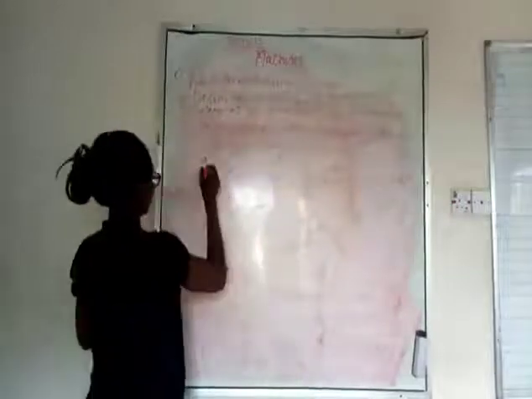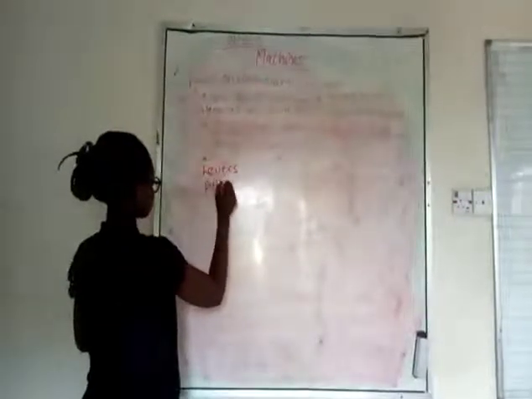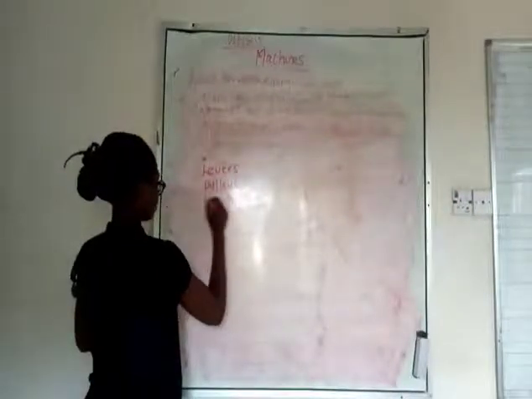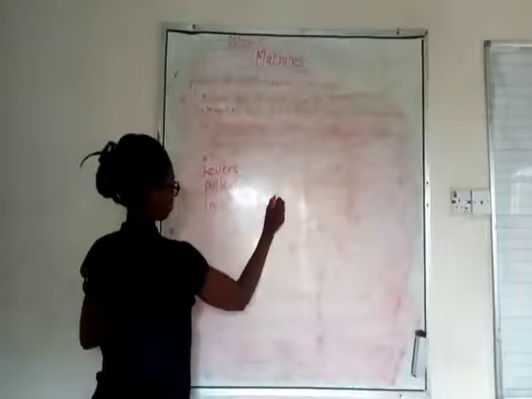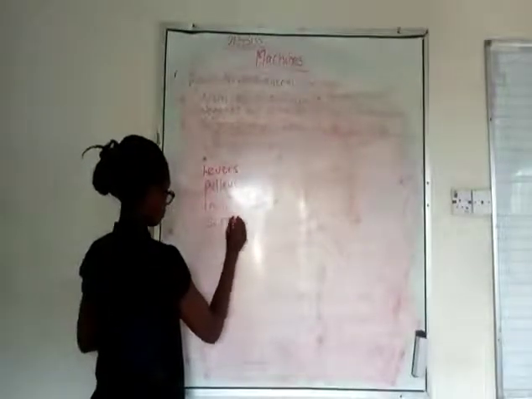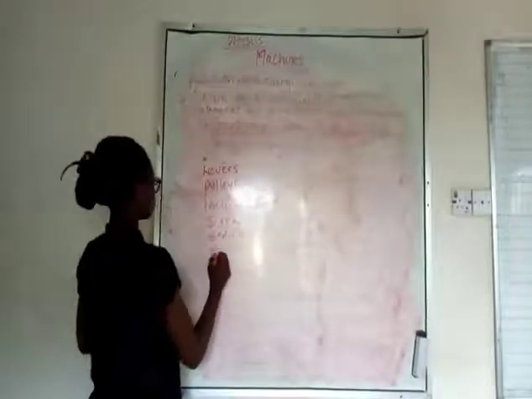We mentioned the levers, the pulleys, we have an inclined plane, we have the screw, the wedge, the hydraulic press.